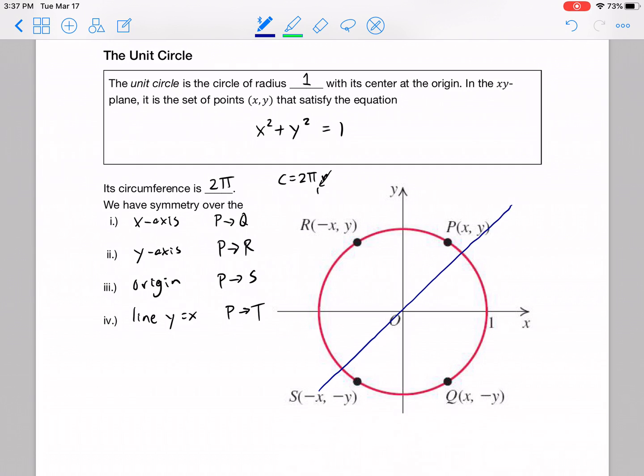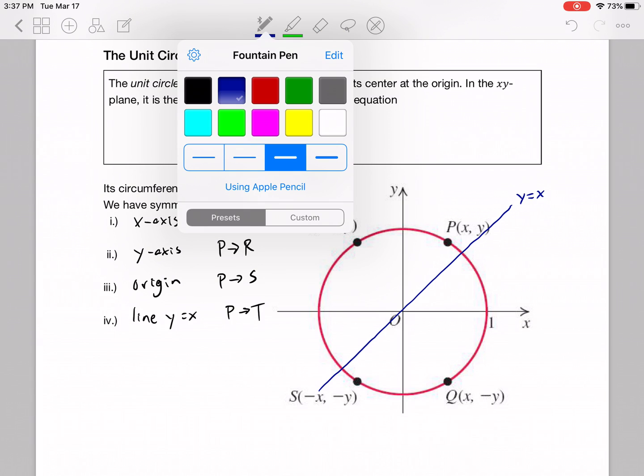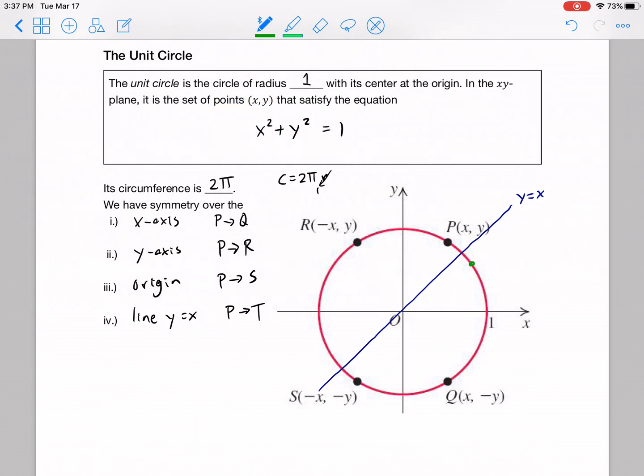This is y equals x. And then our point T would be something like that. Point T has coordinates y, x, compared to the x, y at point P. All right, and basically that's our unit circle, and we're going to use that quite a lot.